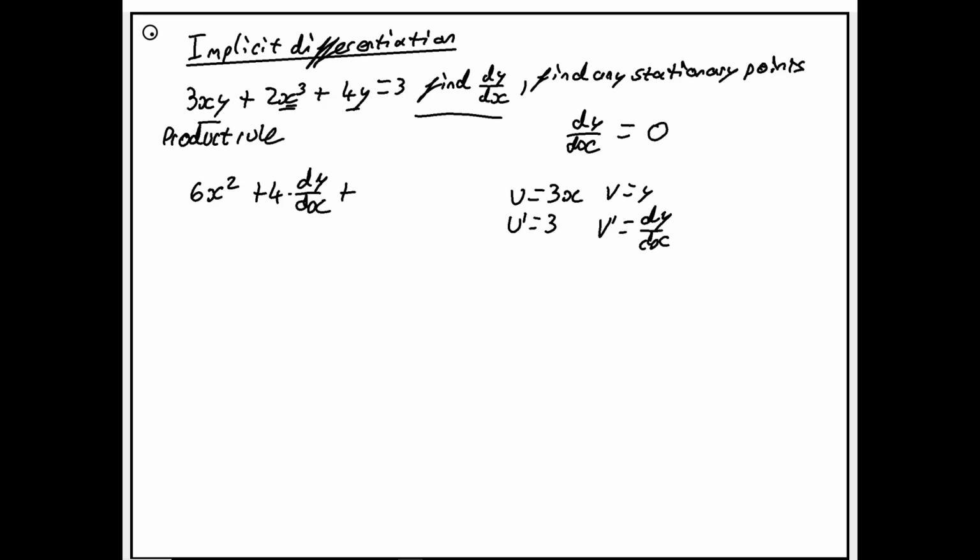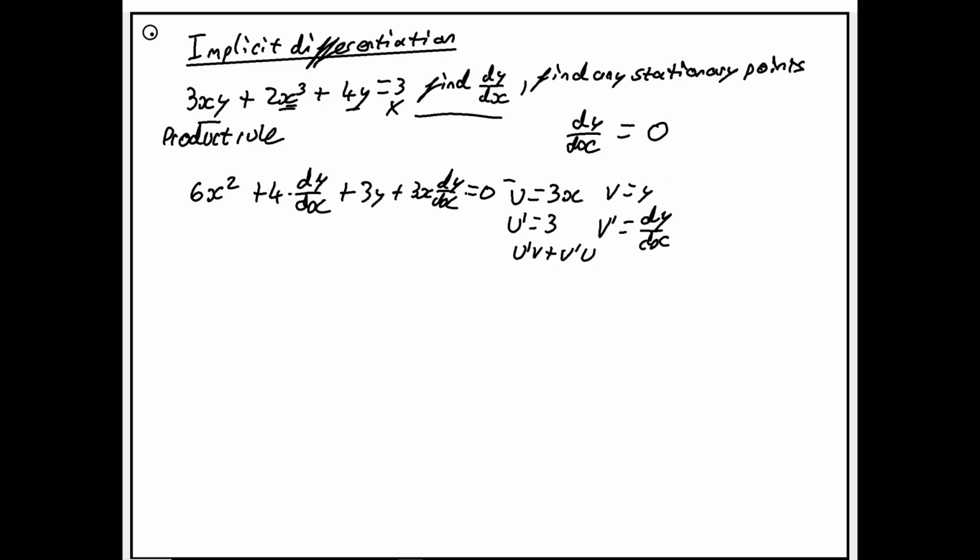So now using the product rule, u dash v plus v dash u, we get 3y plus 3x dy by dx, and we get that equal to 0 because this 3 just goes away because it's a constant.